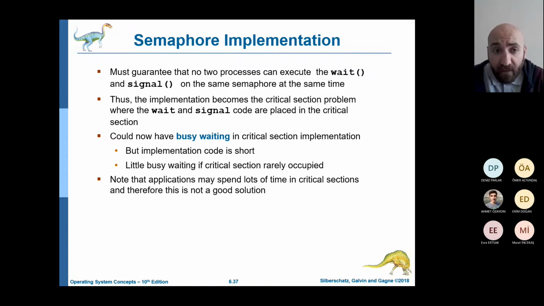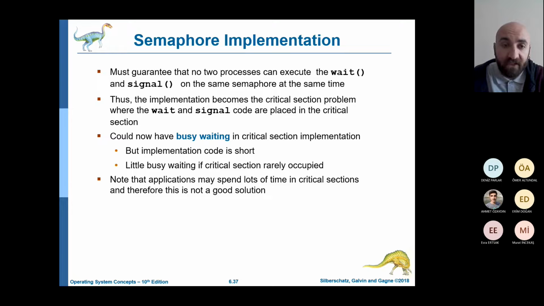When a process executes the wait operation and finds that the semaphore value is not positive, it must wait. However, rather than engaging in busy waiting, the process can suspend itself. Instead of waiting in a busy state, it can suspend itself.